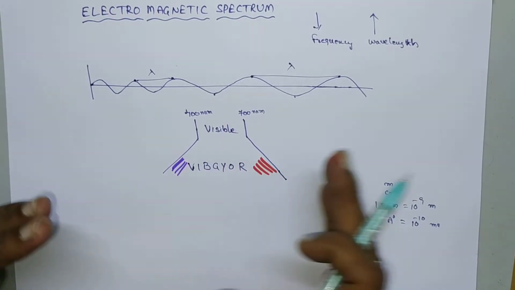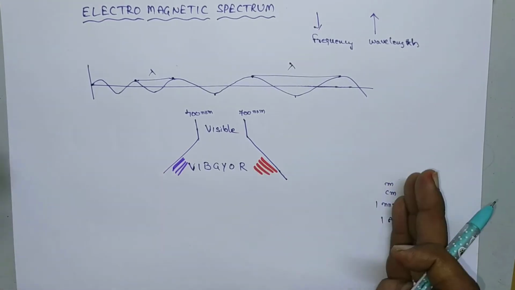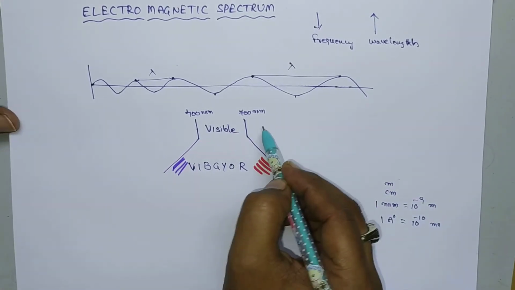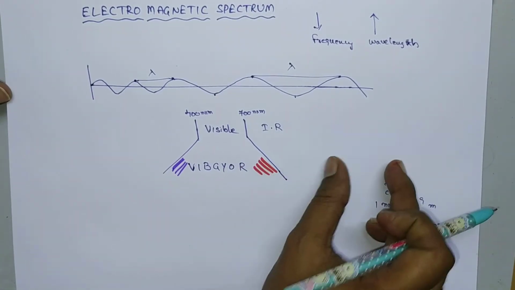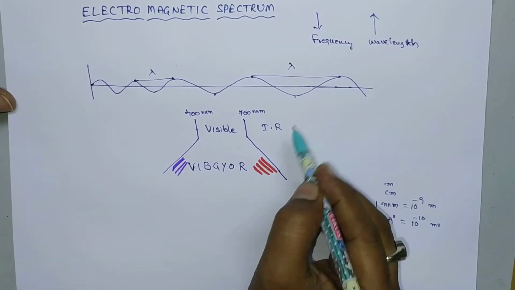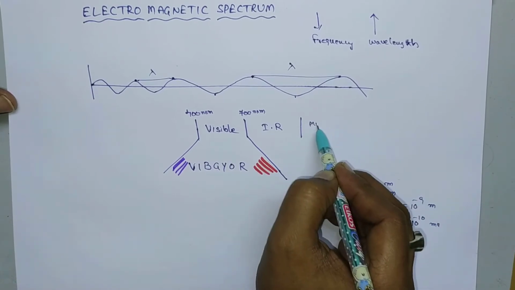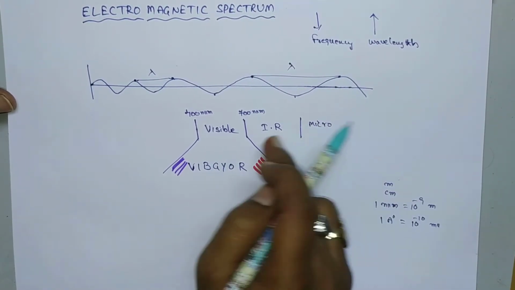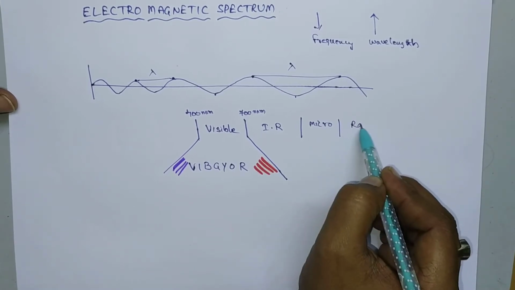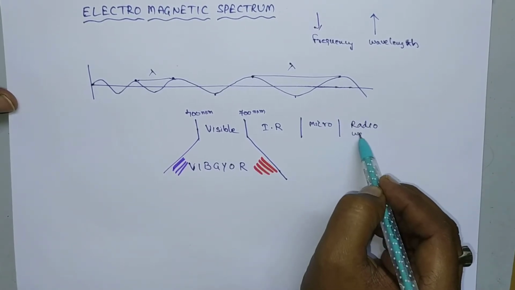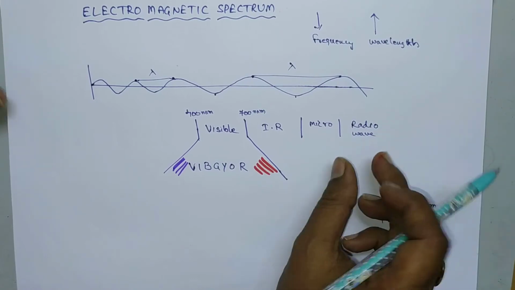If we move towards the right hand side, that is, if we increase the wavelength, the next radiation is IR radiation, which has a higher wavelength than visible radiation. The next one is microwaves, which have higher wavelength than IR radiation. And the next one is radio waves, which possess the highest wavelength.